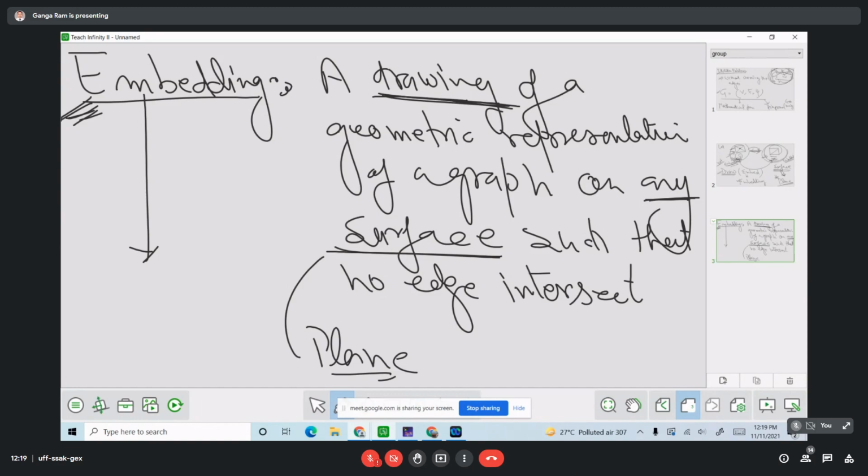This embedding drawing, basically it is embedding without crossing the edge on any surface. Okay, if the surface is plane, that embedding is called the plane representation.